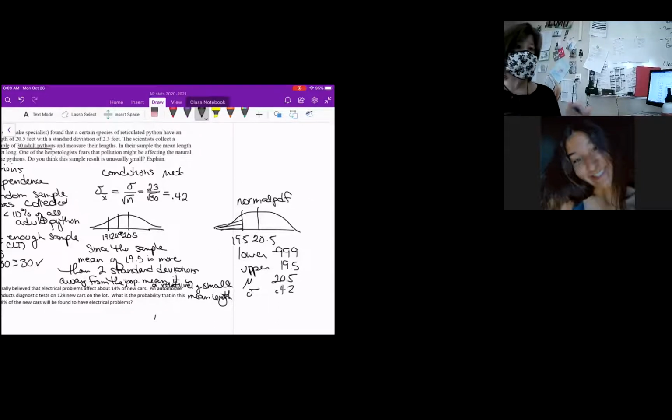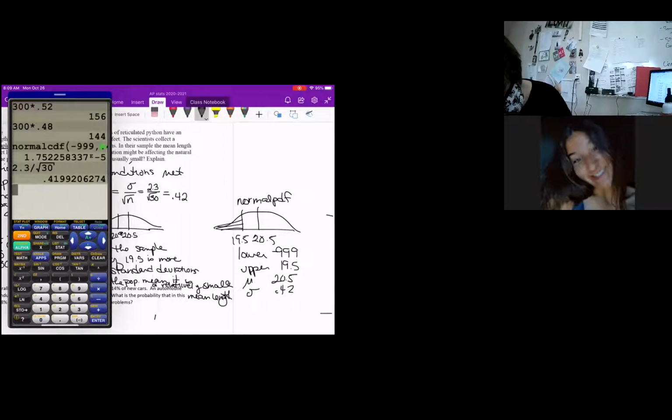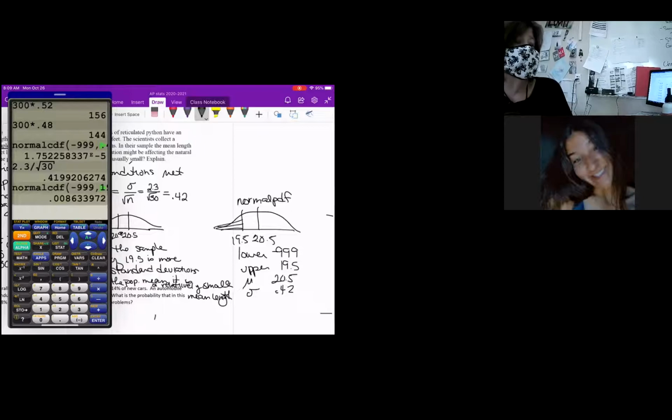And I put that in my calculator and get the result. And I get less than 1%. A relatively small, right? So either way would have given you the idea that your sample mean is small and is unusual. Okay?